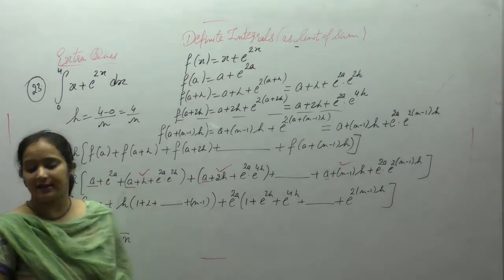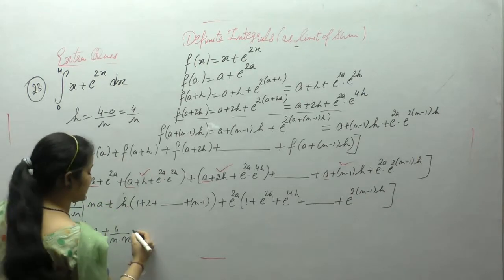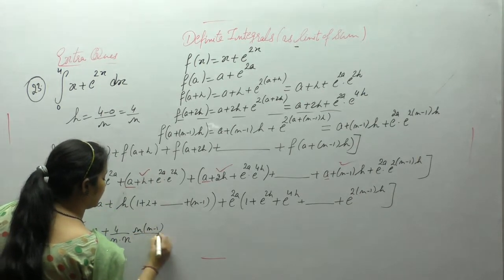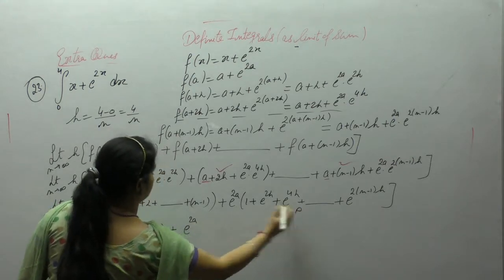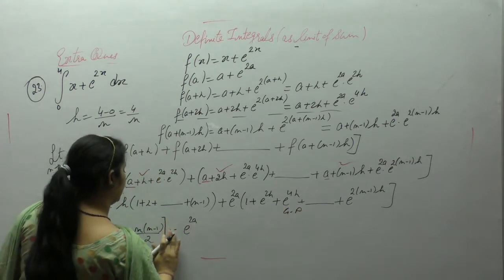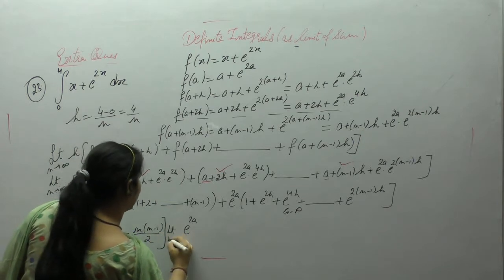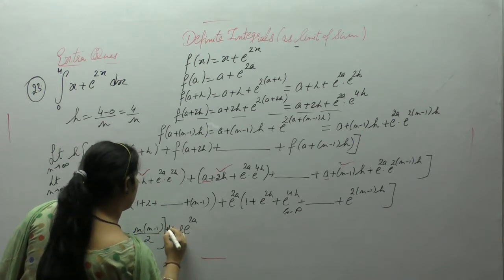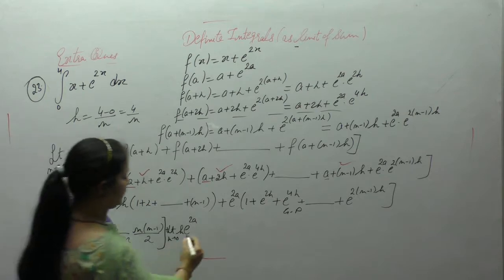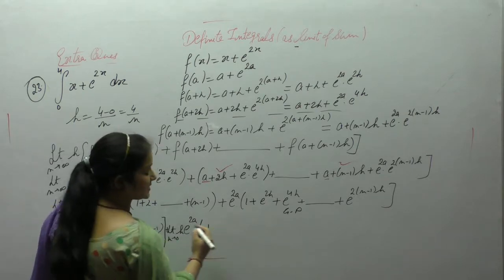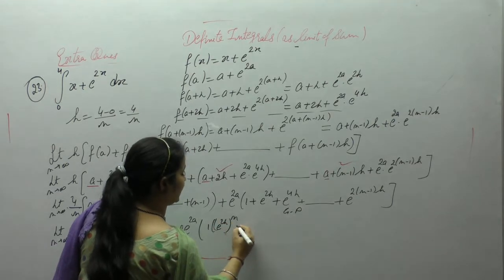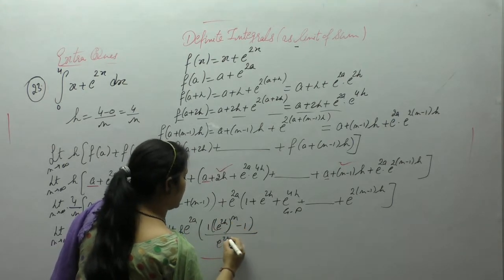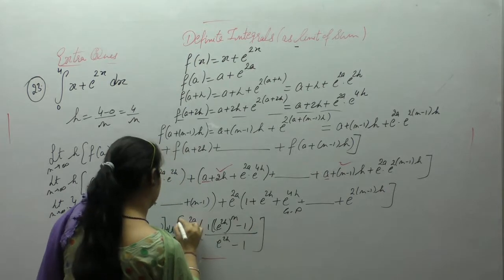Sum of n minus 1 terms of AP is (n minus 1) by 2. This is a GP. For this term, we put limit h tends to 0. First term is 1, common ratio is e^2h, so the sum is (e^2h to the power n minus 1) upon (r minus 1).